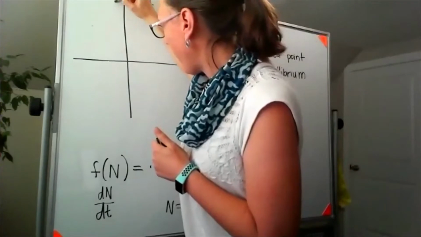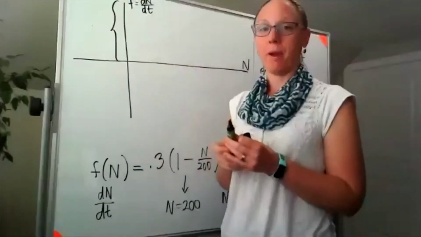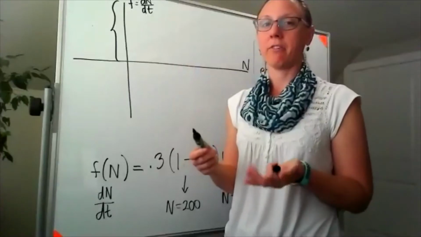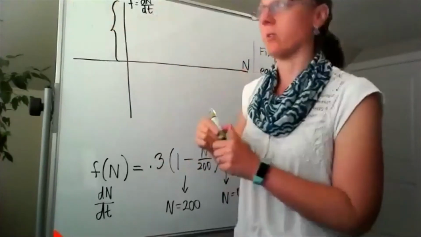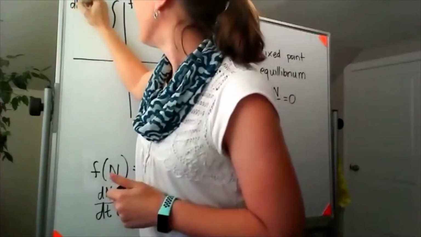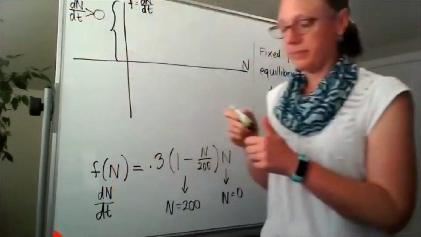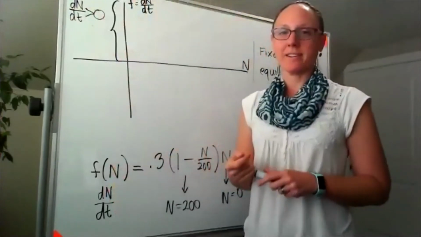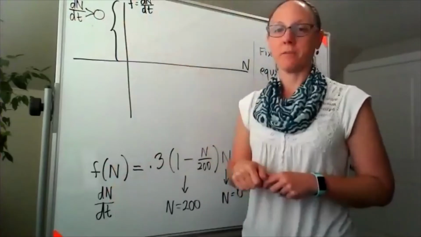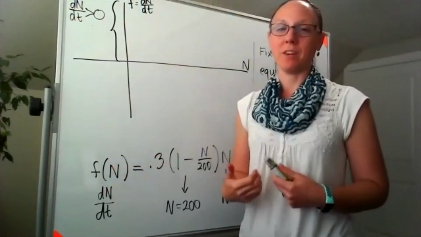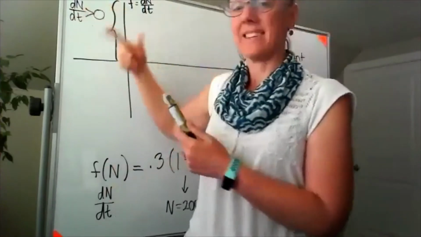So every point that's above my y-axis in this graph means that dn dt has positive values. Well, if dn dt has positive values, thinking back to 17a, if my derivative is positive, then that tells me that function is increasing. So n is getting larger.